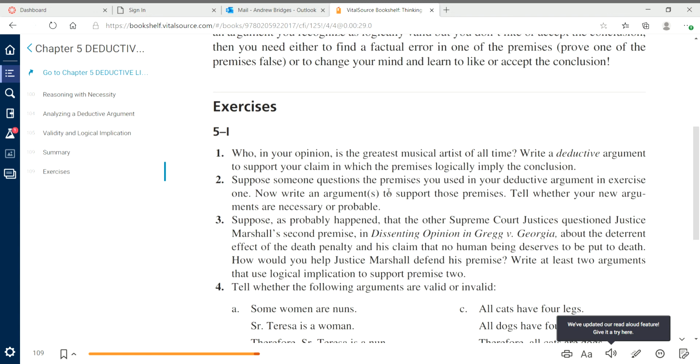Write a deductive argument to support your claim in which the premise logically implies the conclusion. Now this can be a rather simple question or a rather more complex question, and I'd rather you try to answer it in a more complex way. And here's what I mean.